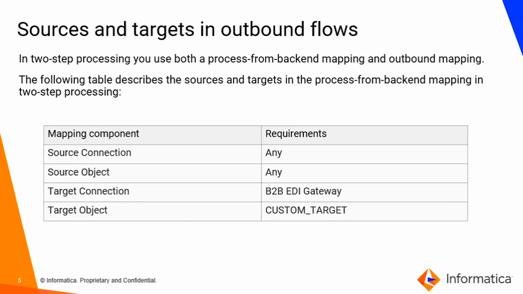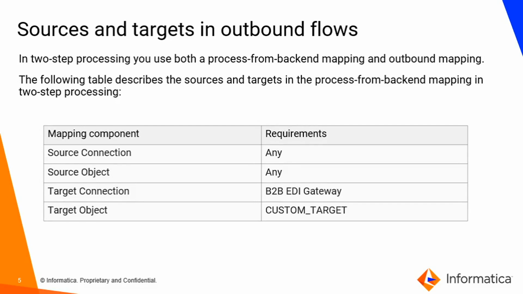Before we go to the demo, let us discuss the source and target rules for outbound mappings. As we have said, we are going to discuss two-step processing. In case of outbound, the first mapping to be executed is the process from backend mapping, and then the outbound mapping.